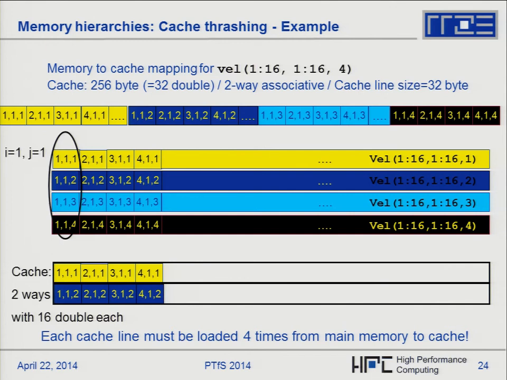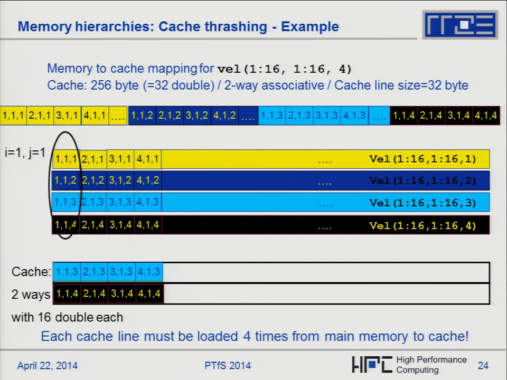Since I only have 2 elements in the set, this cache line is loaded to the cache, but the previous cache line here, the yellow one, the oldest one, gets evicted. It's just forgotten. It's not been modified, so it doesn't have to be written back, but it's forgotten. Same holds for the black cache line. So I've done 4 loads. I've loaded 4 cache lines to the cache. 2 of those are still here, but the 2 first ones have already been forgotten because the cache doesn't have enough ways.